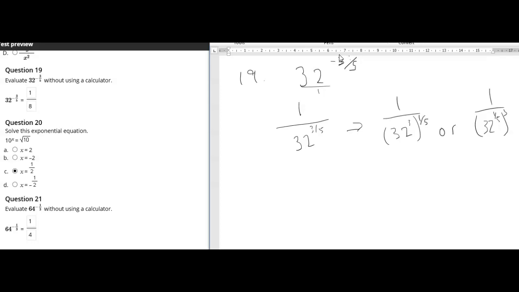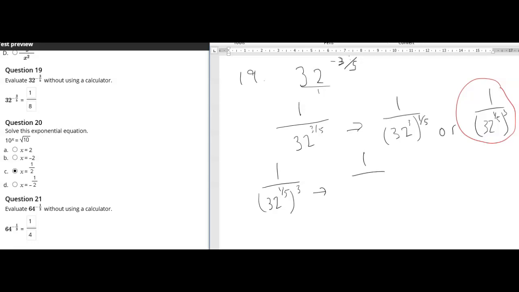Now, you've got to ask yourself, and this is a hard question you've got to ask yourself, what is easier for me? 32 cubed? 32 squared would be hard, let alone 32 cubed, or 32 to the power of a fifth. Now, this one, a lot easier. Now, you might think, oh, but to the power of a fraction? That just means 32 to the power of a fifth is just what number multiplied by itself 5 times gives you 32. Okay, so I'm just going to rewrite it here.